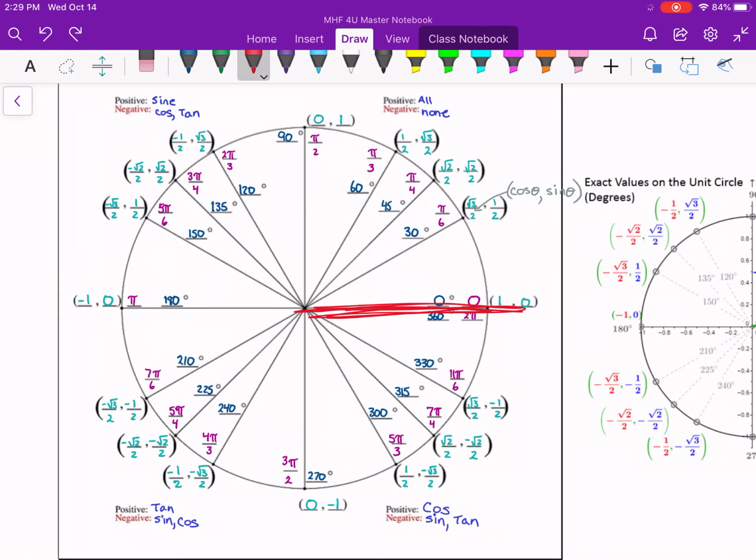From here to the second line would be the 45, or pi over 4, and so on. So we can just keep following, I can pick any line going from the positive x-axis to where I've drawn the arrow would be 135 degrees, or 3 pi over 4. So that's part of how the unit circle works, just reading that part.